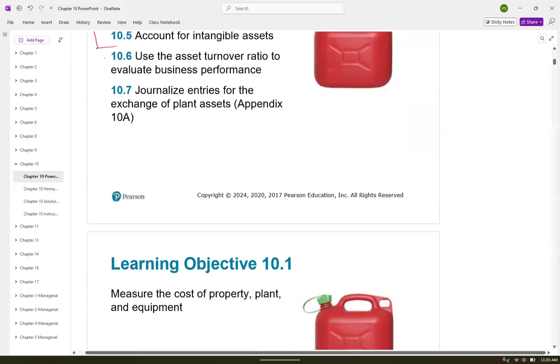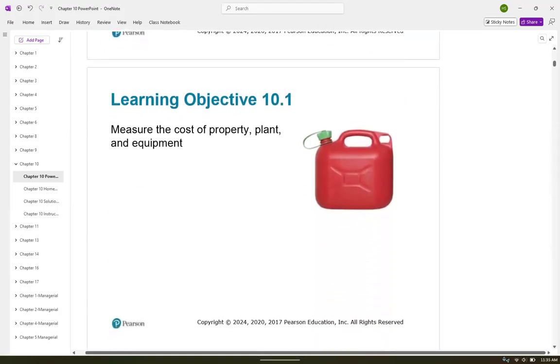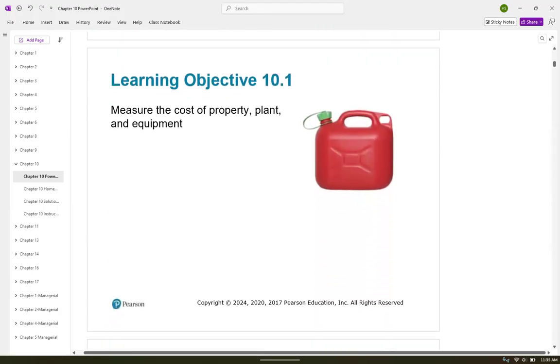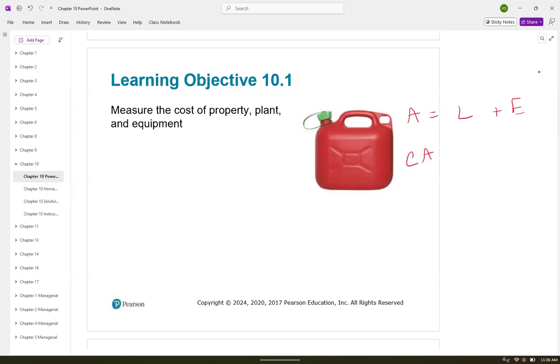So let's dive in. The first thing we're going to talk about is the cost of property, plant, and equipment. I like to always draw out the accounting equation so you know where we're at in the process. The previous chapter was on current asset receivables, and then we have long-term assets, and very specifically in the long-term assets, we are talking about property, plant, and equipment.